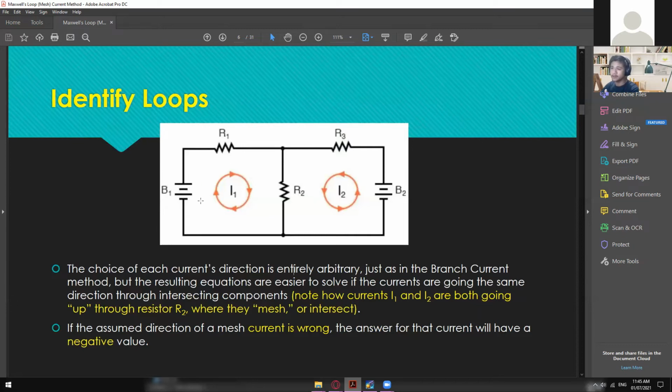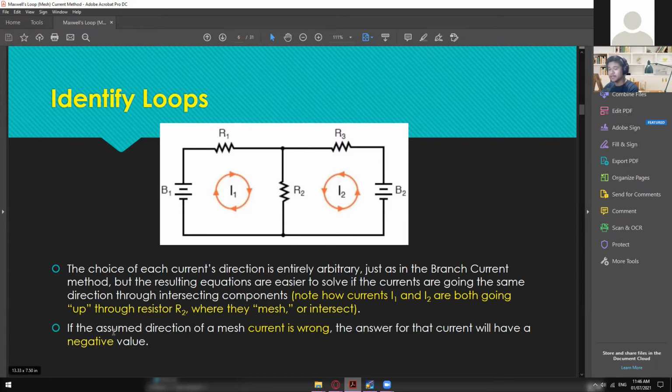So that is why we have here clockwise. But in here we have here the positive. So as you guys can see, we have here a counterclockwise flow of current. So from here going to here, and then they will intersect right here at this node, and then they'll combine at this R2 right here. So that's how we assume the polarity of your loops or meshes.